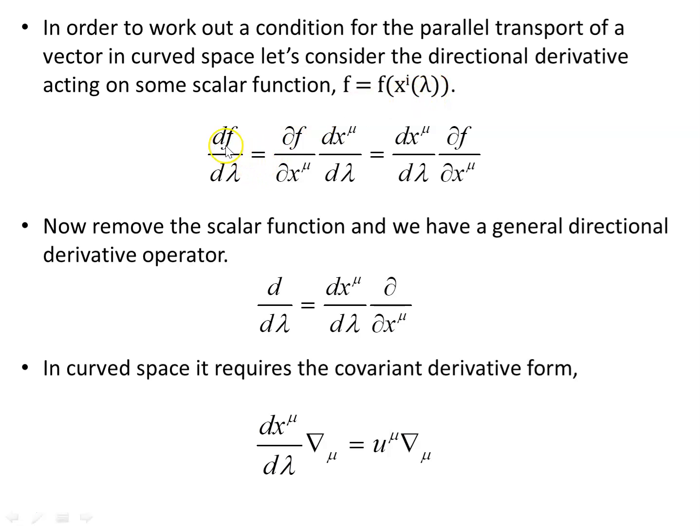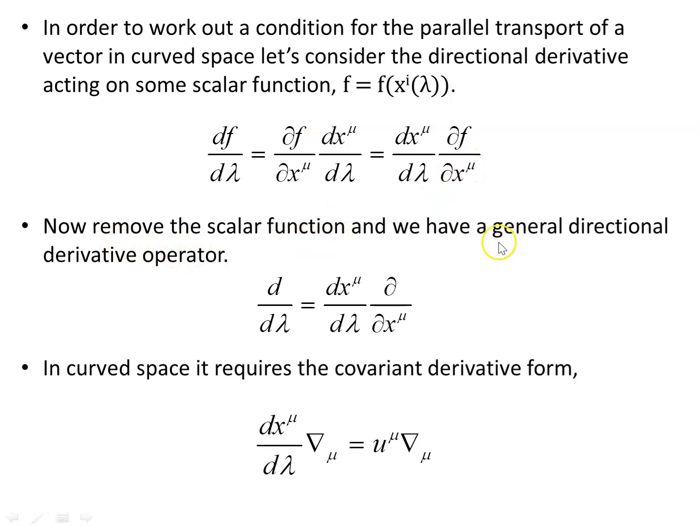Then the directional derivative of f with respect to lambda will be df dx, using the chain rule, times dx d lambda. Now if you look at that bit, dx d lambda, that's actually just the tangent vector. And then that's the partial derivative of the function with respect to the coordinate x mu in this case.